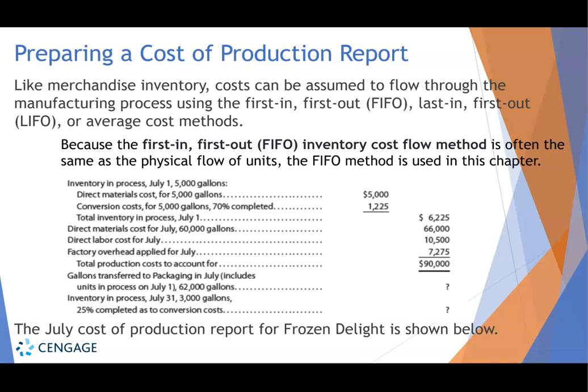Now we're going to have to break down how much of those gallons, 62,000 gallons, were transferred to the packaging department, but we still have some work in process as of the end of the month that show that 3,000 gallons were 25% completed as to the conversion costs. So we need to be able to break down those costs so we can flow the goods.